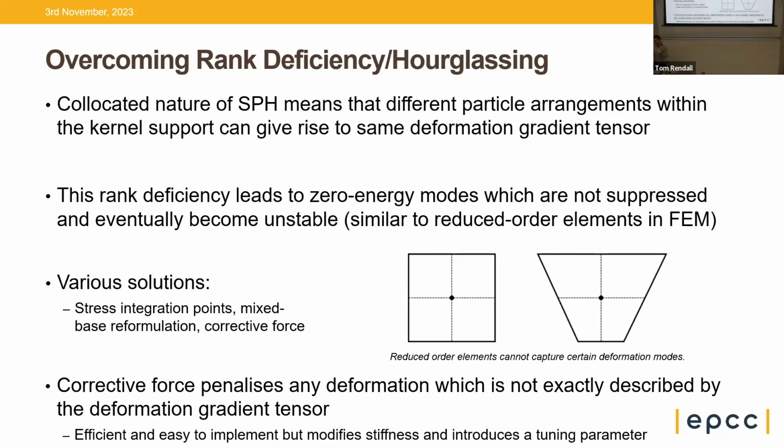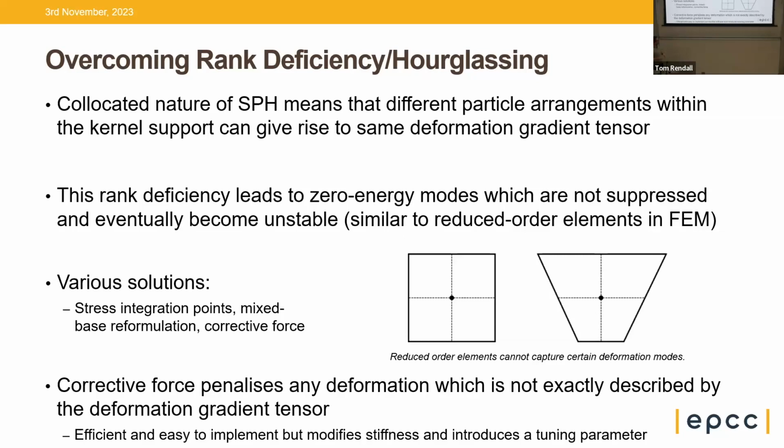So one approach to get around this is to introduce stress integration points, but that's where you define some particles to have the velocity and some particles to contain your stress. That's quite hard to do in general for 3D geometries, and it also effectively halves your resolution too.